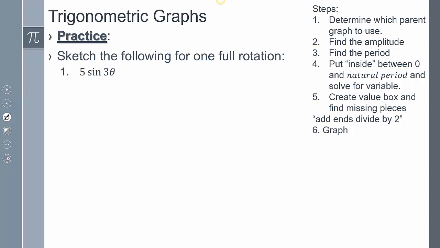Now the first phase of doing this is we just need to describe the graph. What's the information that we know about this graph? So for example, my amplitude is going to be a positive 5. I also know that because it's a sine graph, the parent function looks something like this.